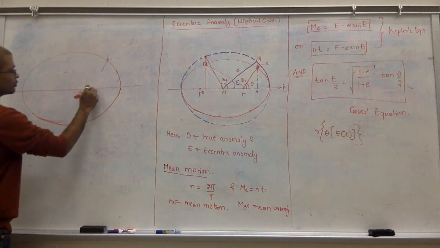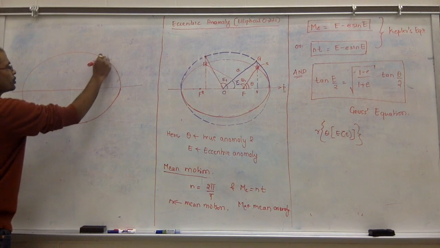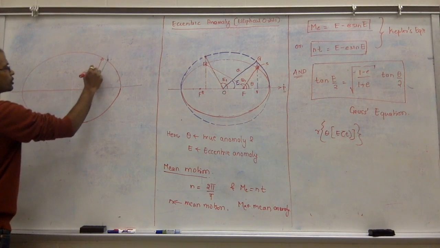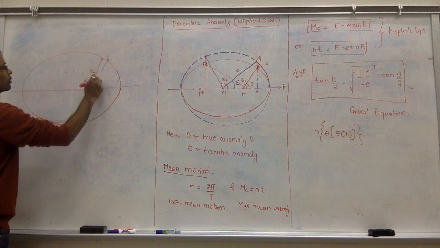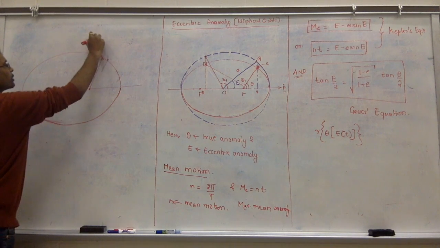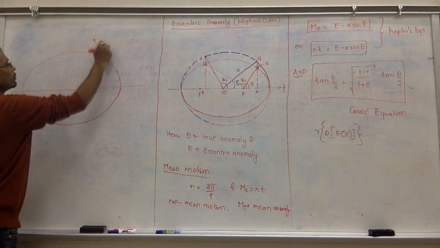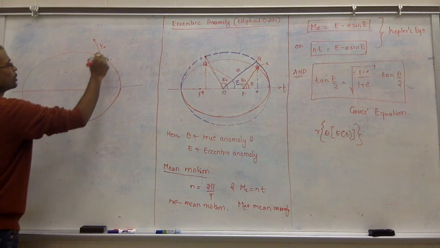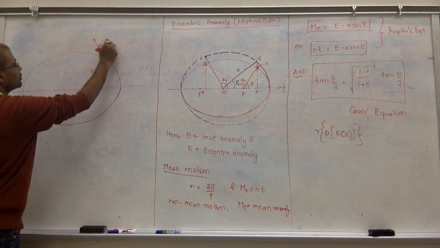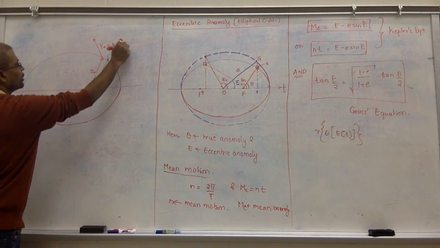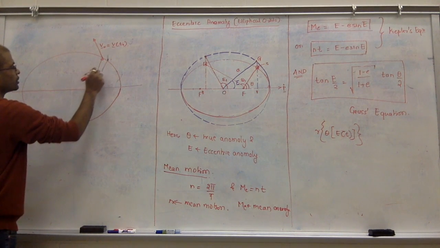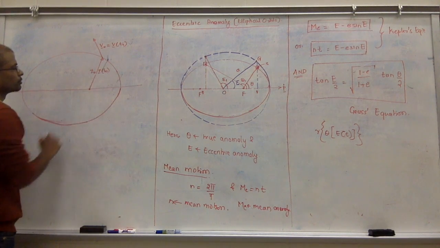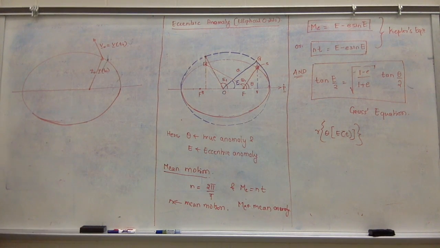Now, if you know the position, this is the position r0, and this is the velocity v0. What does this mean? This is just the velocity at time t naught, and this is simply the position r at time t naught. Got it?